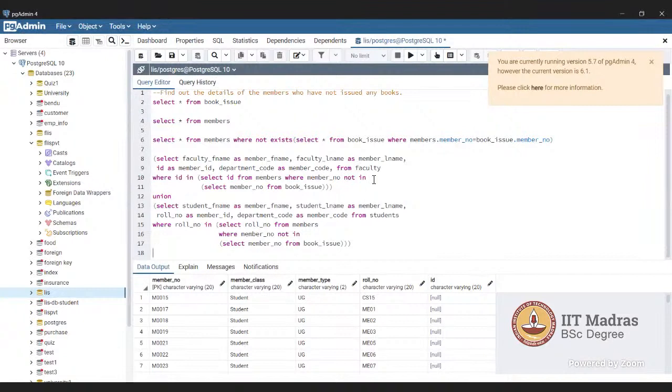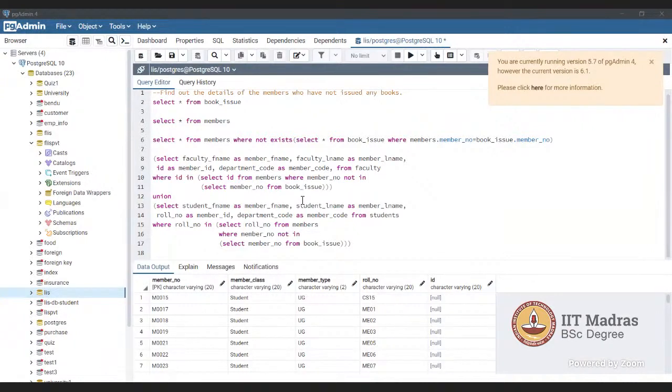So this query you got it right. Yes, sir. Okay. So can you explain this query? That will be better.